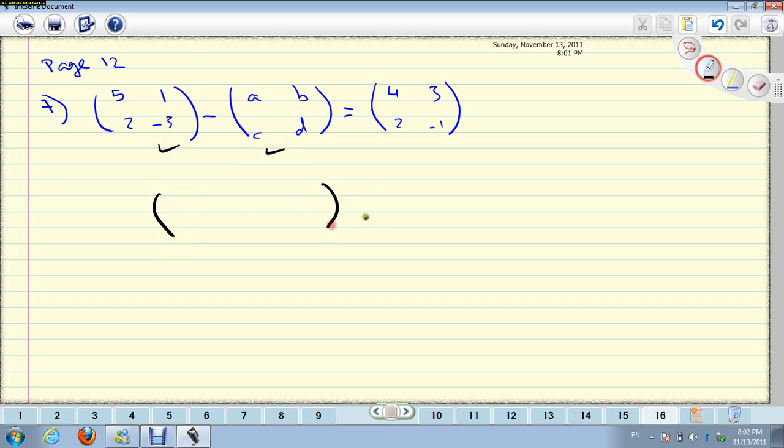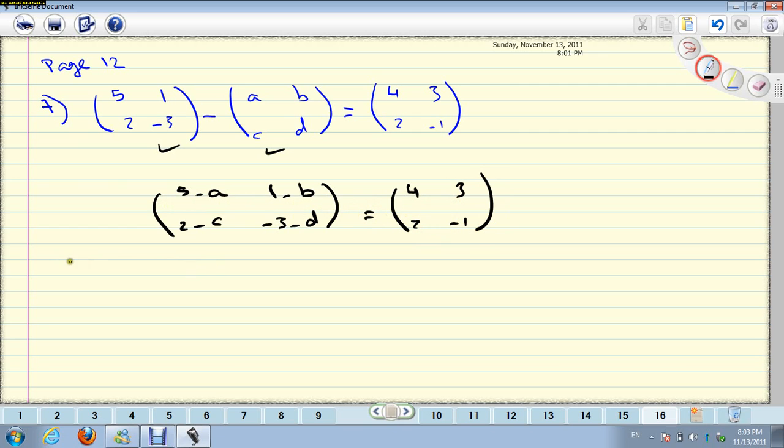So I'm going to write 5 minus A and 1 minus B, 2 minus C, and negative 3 minus D. And this equals 4, 3, 2, negative 1. Now I have an equation between two matrices.